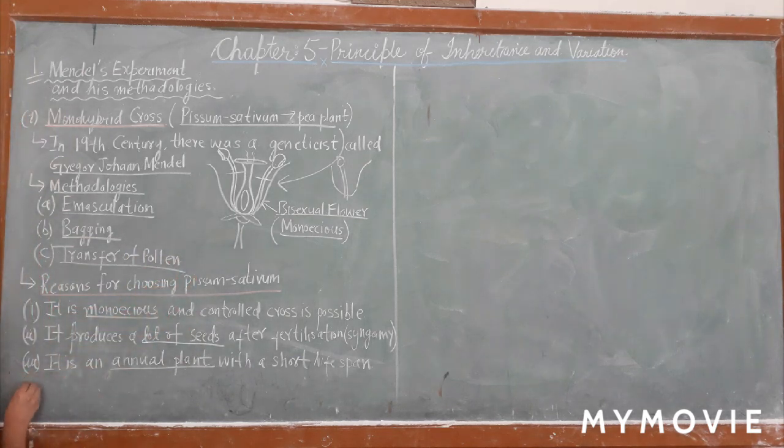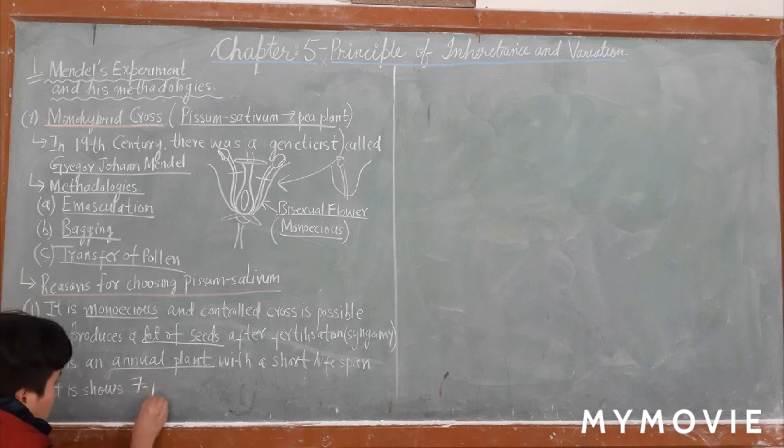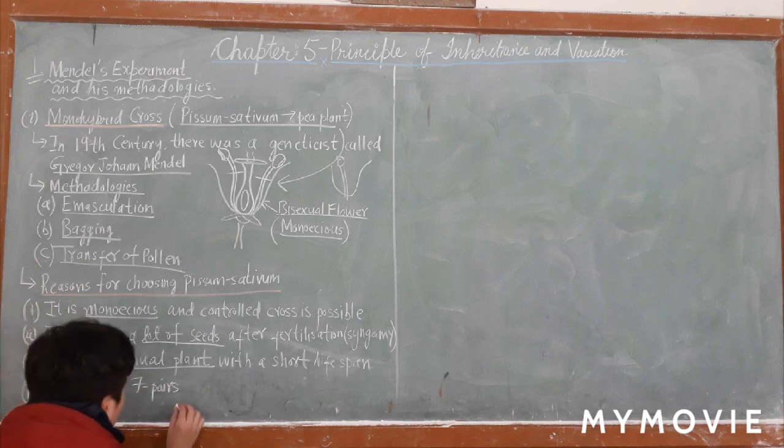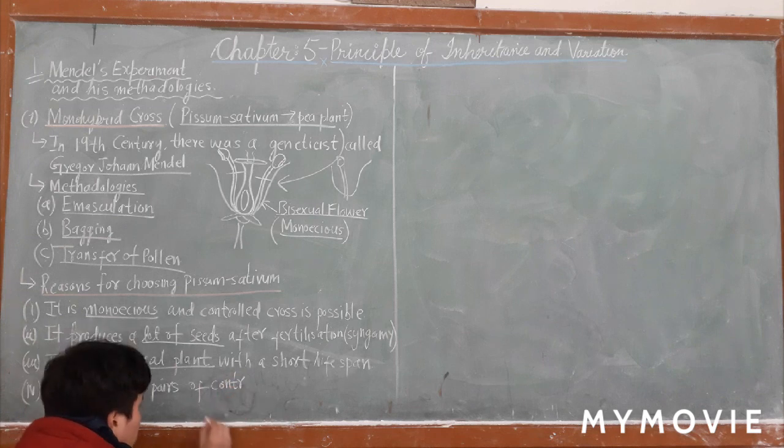Now, the fourth and very important point: it shows 7 pairs of contrasting traits.